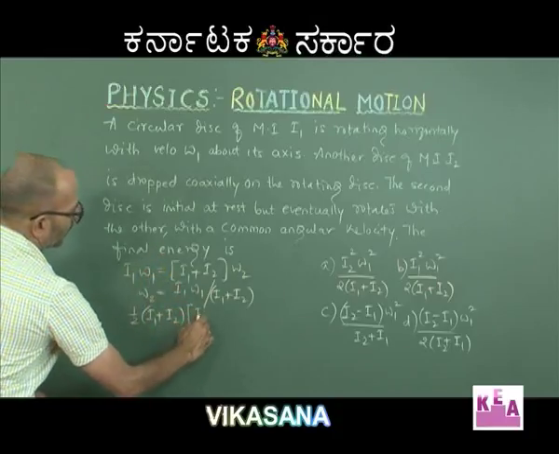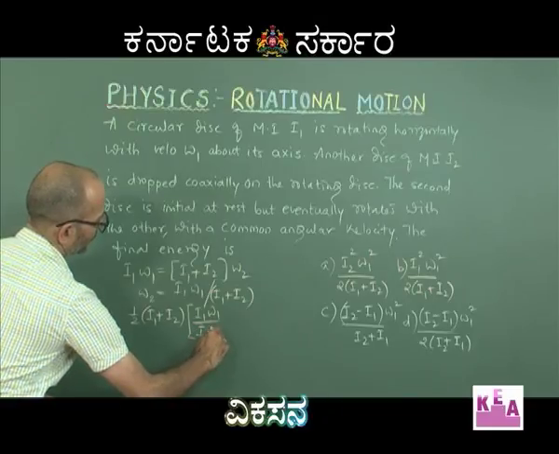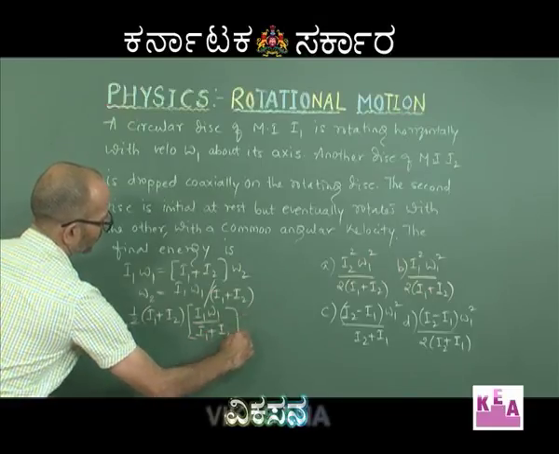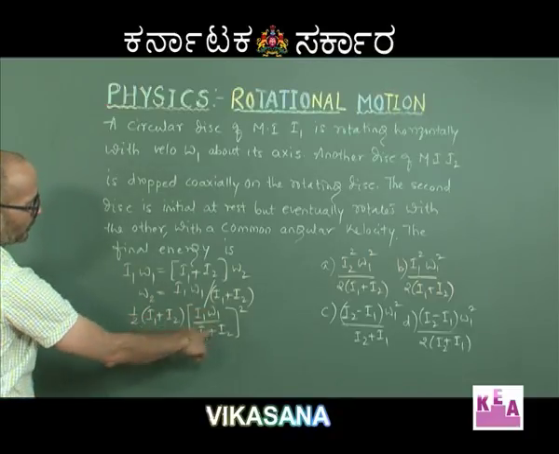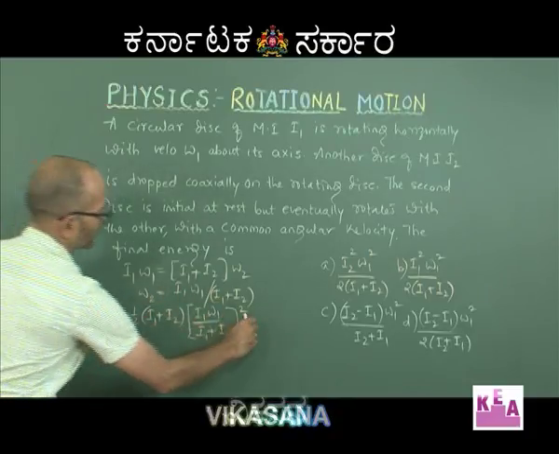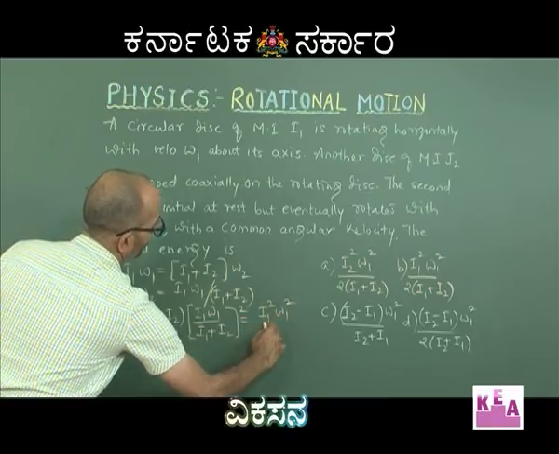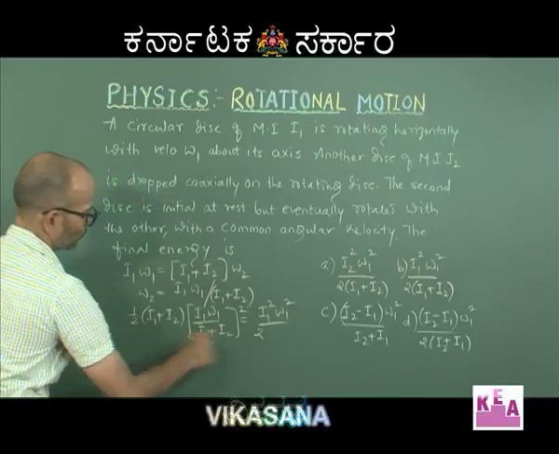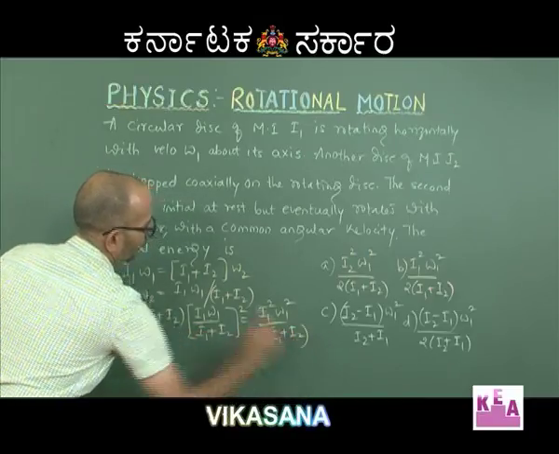So, I1 omega 1 divided by I1 plus I2 whole square. So, that makes one I1 plus I2 getting cancelled and the answer is I1 square omega 1 square divided by 2 into I1 plus I2.